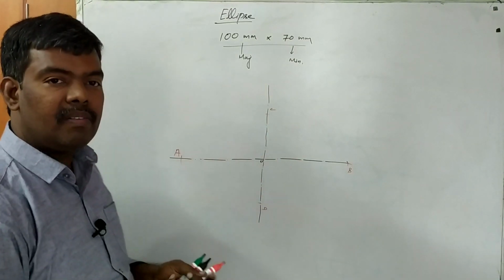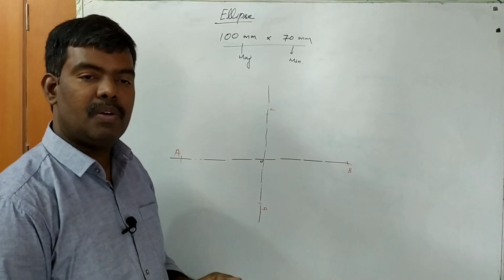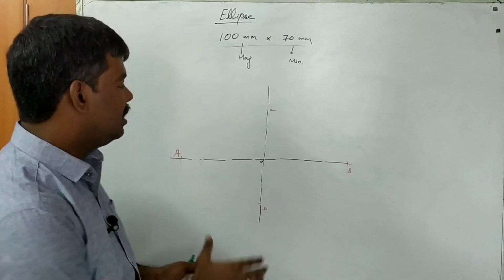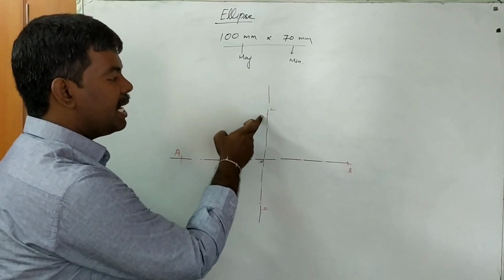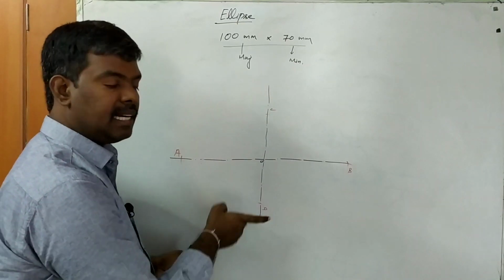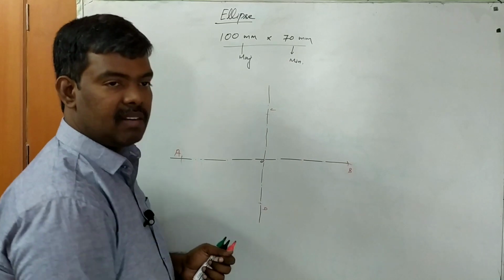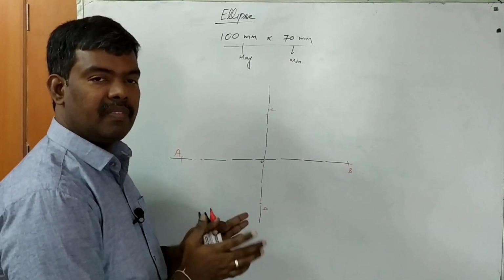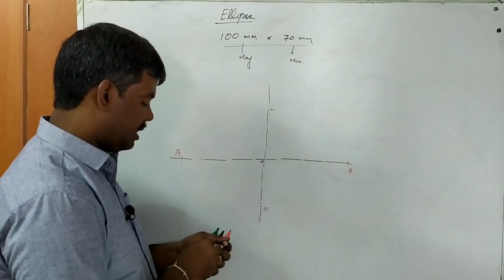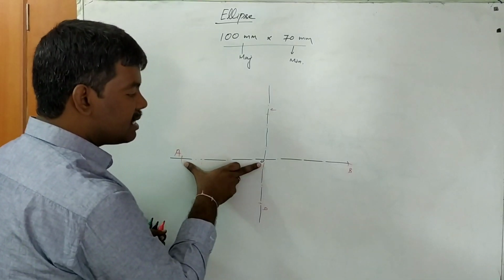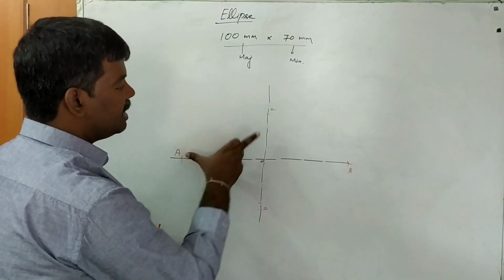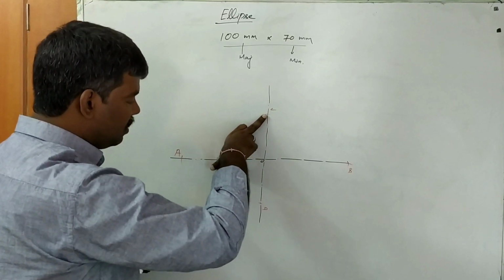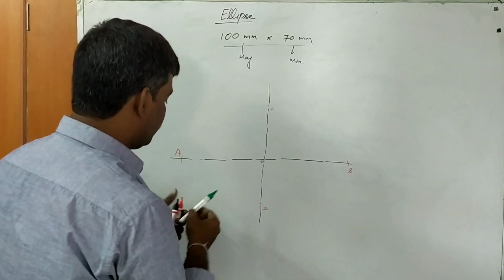Then you determine the focus. You know how to determine the focus? Take half of the major axis as the radius, and either minor axis end C or D as the center, and intersect arcs on the major axis line. We get fixed points; the fixed point is nothing but the focus. Clear? So 50 as the radius, C or D as the center, intersect arcs on both sides.